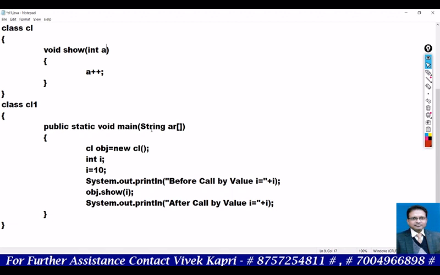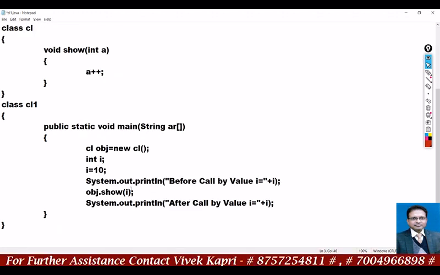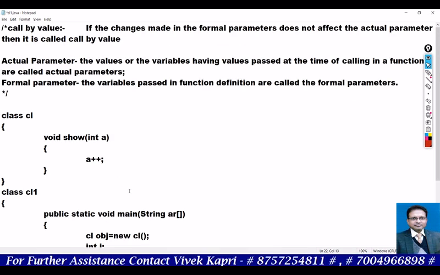If you don't pass the value here, the variable in the parameter will not have any value. It gets its value from the actual parameter. Clear? Here you can also pass the value directly, or the variable must have some value. Clear? So this is call by value.